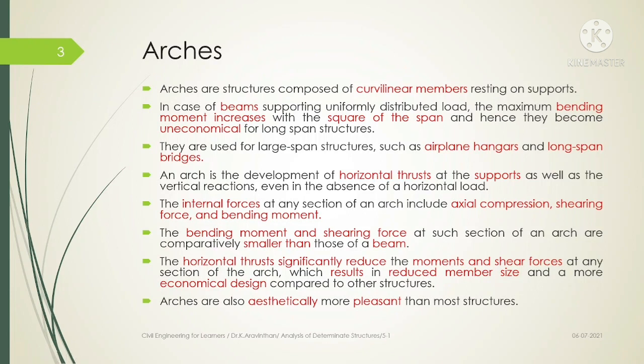So these members are straight lines. It may be at a 0 degree angle or a 90 degree angle. In the case of a truss, you might have a combination of 0 degree, 90 degree, and any angle. So the truss is also made of members connected by straight lines, each and every individual component is straight, so their axis will also be straight.